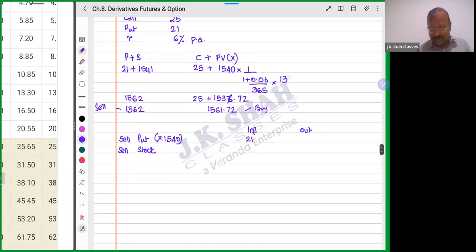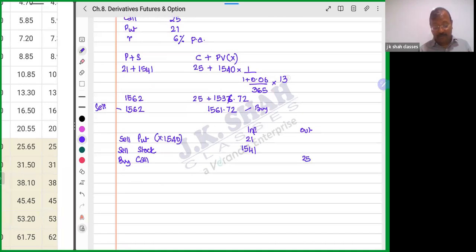Okay, now sell stock. If you sell the stock you will get 1541. Then buy call. If you buy call, 25.